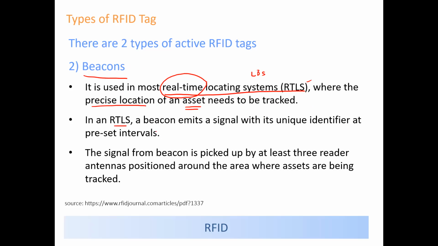For example, you set every 5 seconds, you will send your ID, and whenever you are near a reader, that reader will detect you, and then the reader can use your ID to find your location.